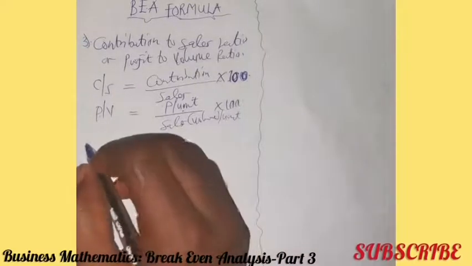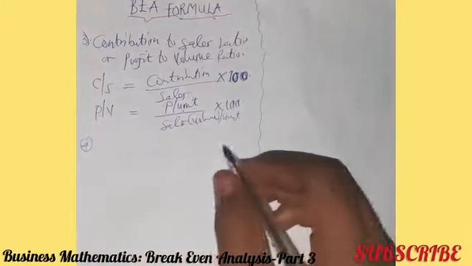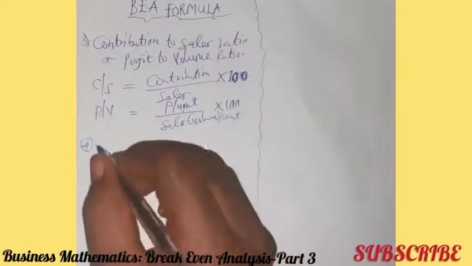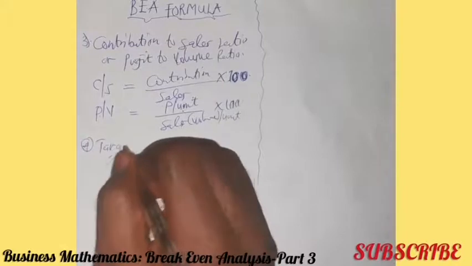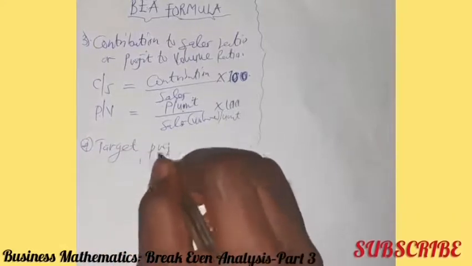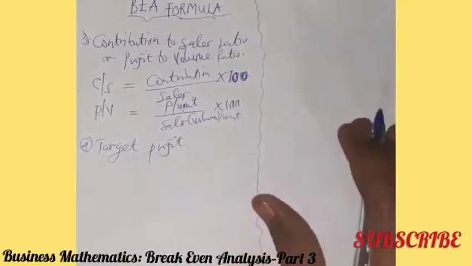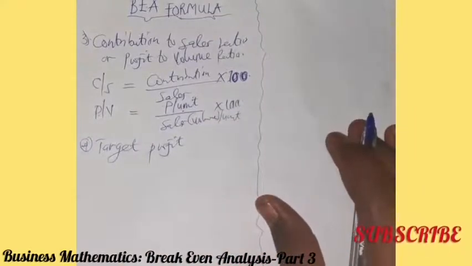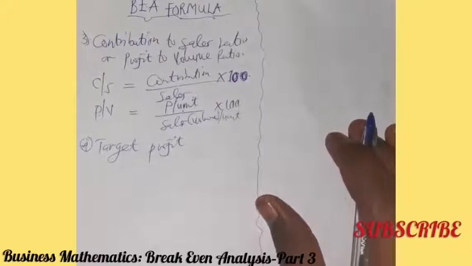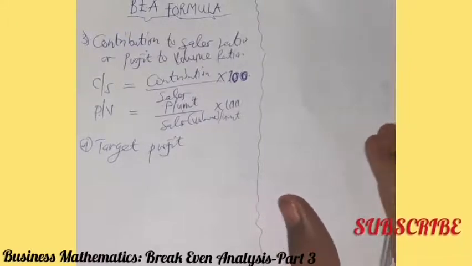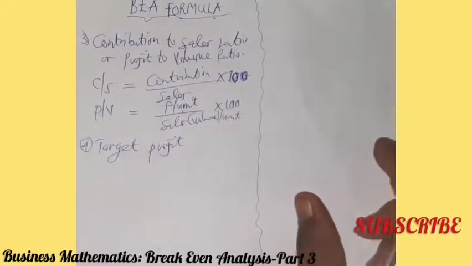Alright, so we can also talk about what I mean by target profit. We are saying that there are certain instances where managers or controllers of the organization may decide that we want to make a certain level of output so that we can make this profit.